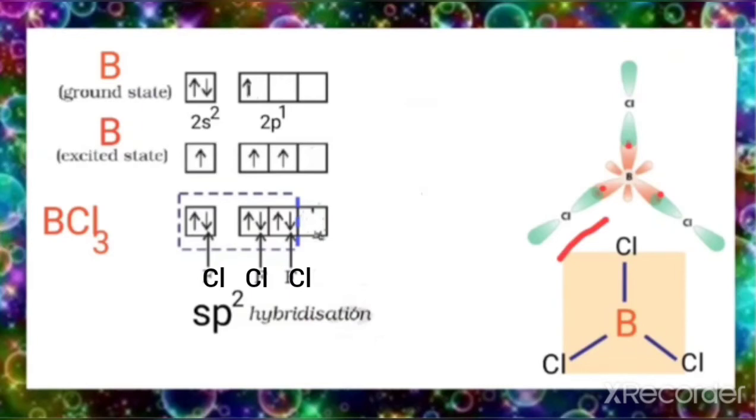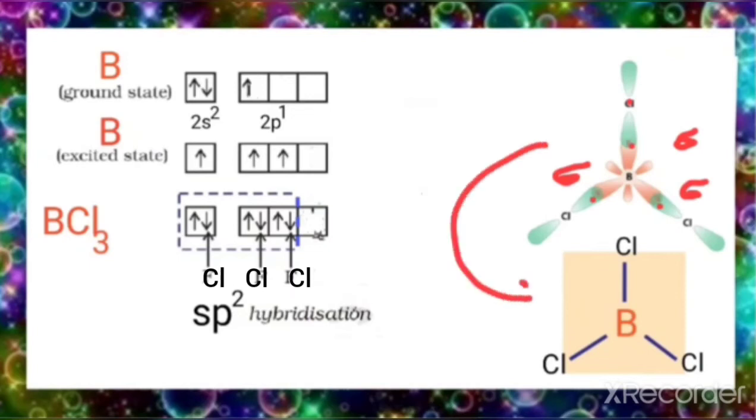So the geometry will be in this way. So here there is an overlapping between the sp2 hybridized orbital of boron and the p orbital of chlorine. So there is a formation of a sigma bond. So there is a formation of 3 sigma covalent bonds.